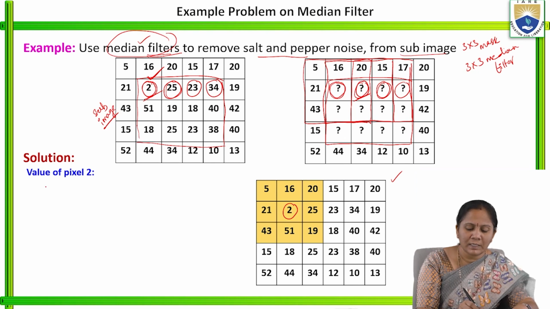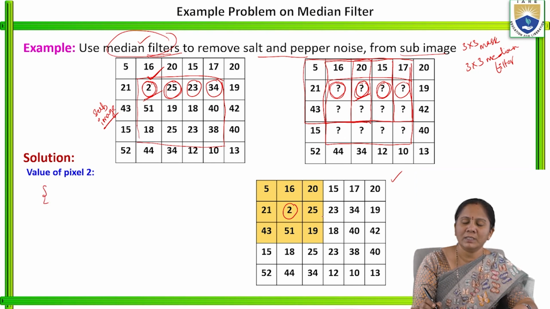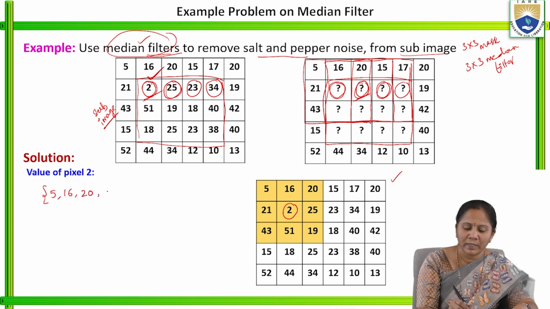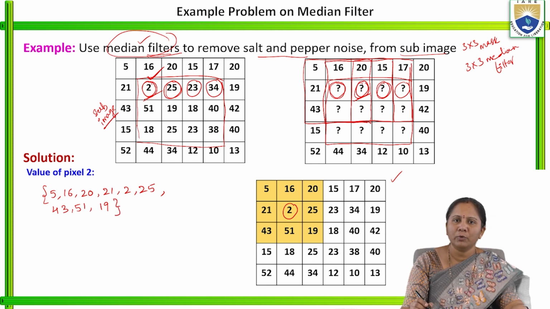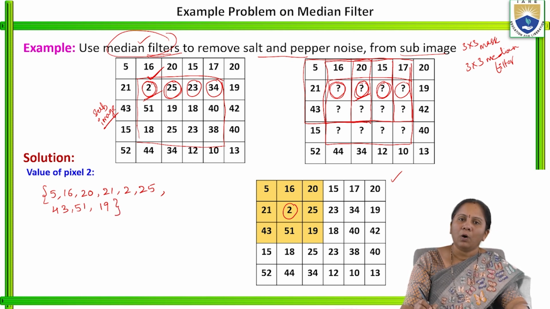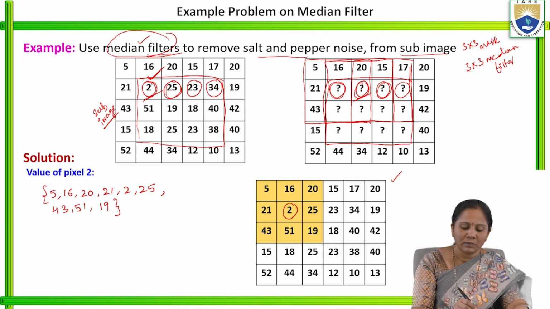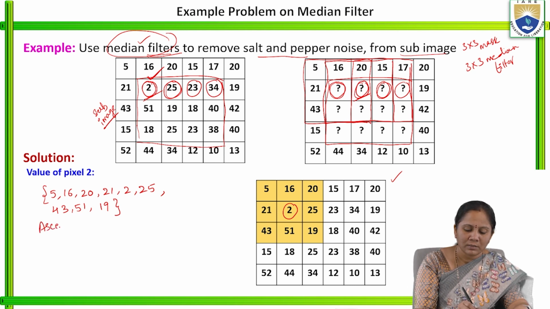First let us see what pixels are available in the shaded region: 5, 16, 20, 21, 2, 25 and 43, 51, 90. All these are the neighborhood values, and first we have to arrange them.